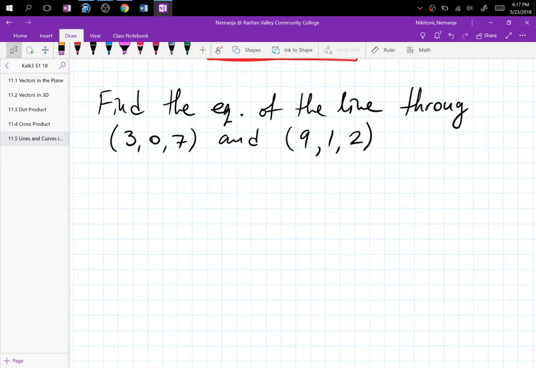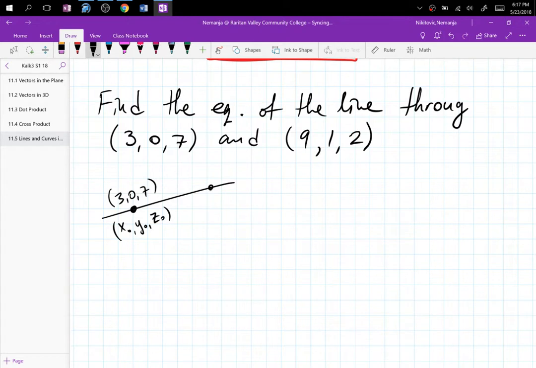All right. The way to do this is to first say this is my 307, which is my x0, y0, z0. And I also have another point, 912. I need 912 so that I can get my vector v.